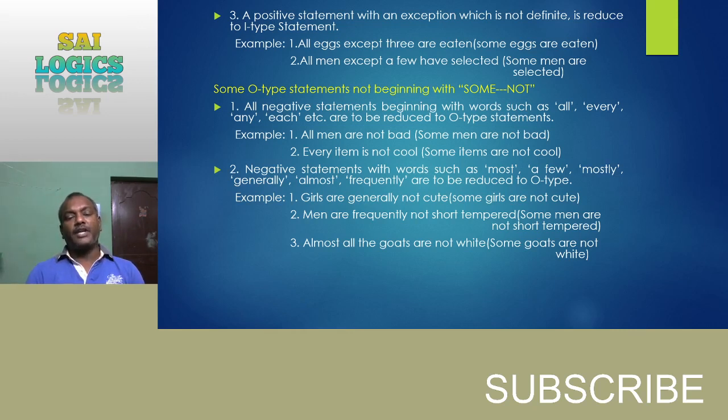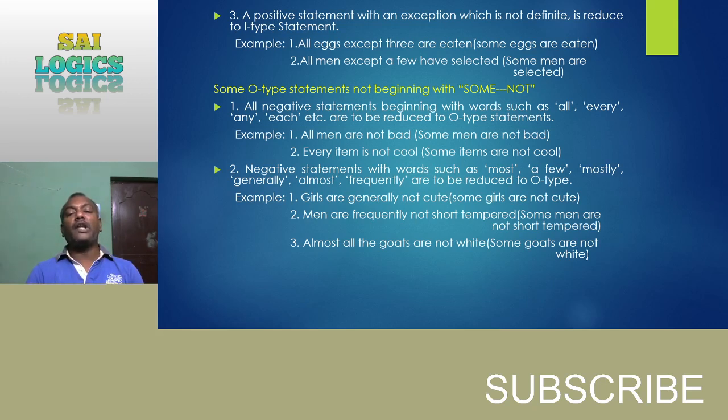Example number 1, girls are generally not cute. So the condition says negative. So not has been used, it's a negative statement. And it should have generally. Yes, it is having generally. So then we can write it as some girls are not cute.